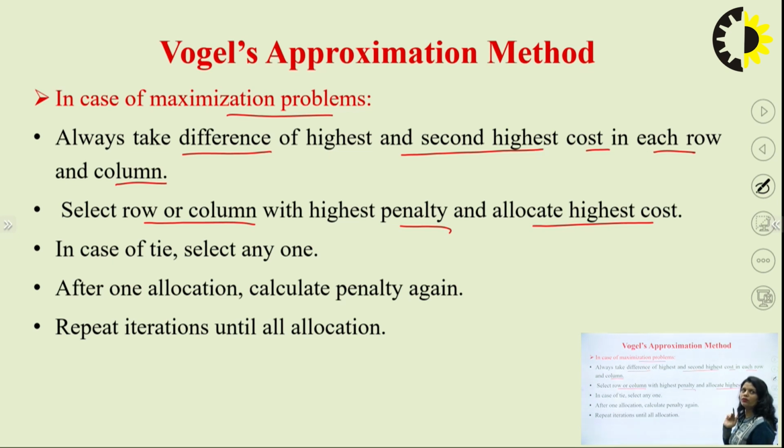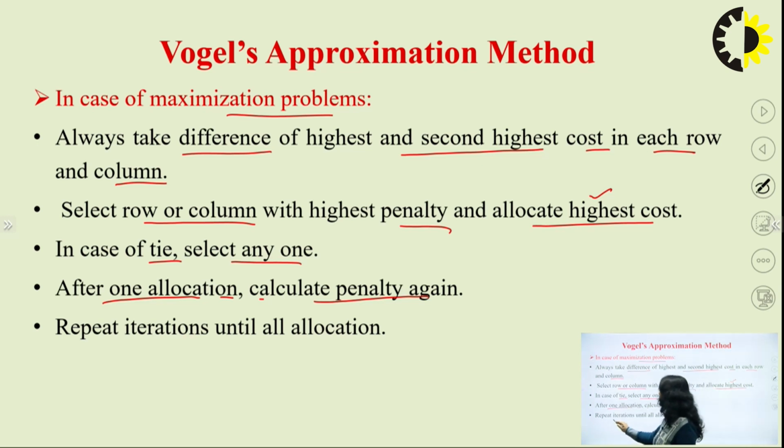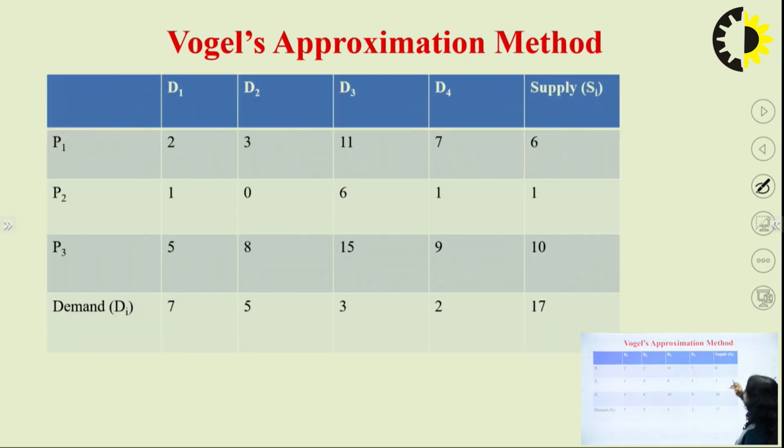In that case, we were allocating the minimum cost, but in this case, we will allocate the highest cost. In case of a tie, we can select any cell. After one allocation, we will calculate the penalties again and we will repeat the iterations until all the allocations are done. So, these are the steps we are going to follow in the Vogel approximation method.